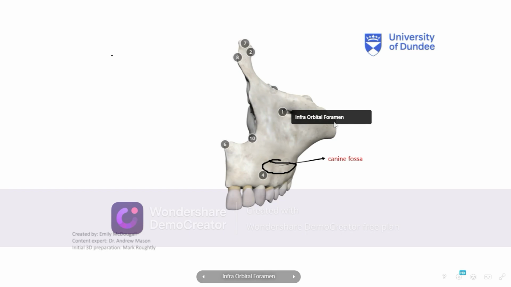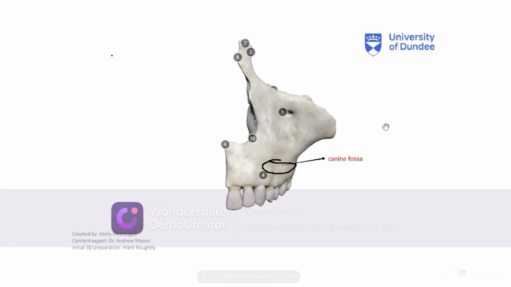The infraorbital foramen is above the canine fossa, and it transmits the infraorbital nerve and vessels. One more important thing: levator labii superioris arises between the infraorbital margin and the infraorbital foramen.